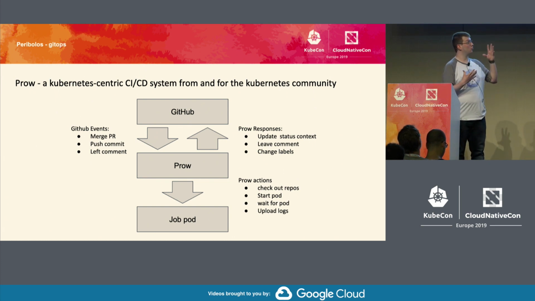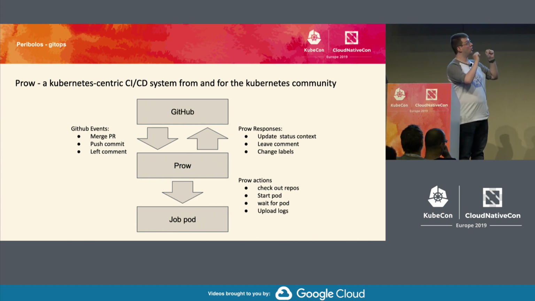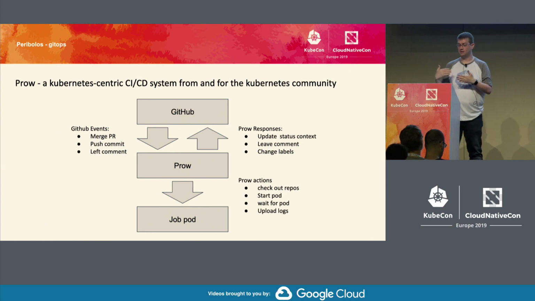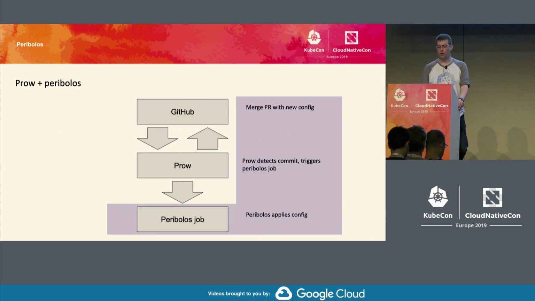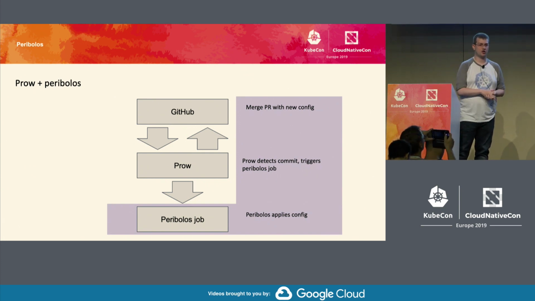Prow, in this case, can, with a configuration, spin up a Kubernetes pod, because Prow is built on Kubernetes. So we can spin up a job pod with a Kubernetes pod spec and take actions when we hear certain events. In the case of Peribolos, we listen specifically for when a PR merges to your master branch.